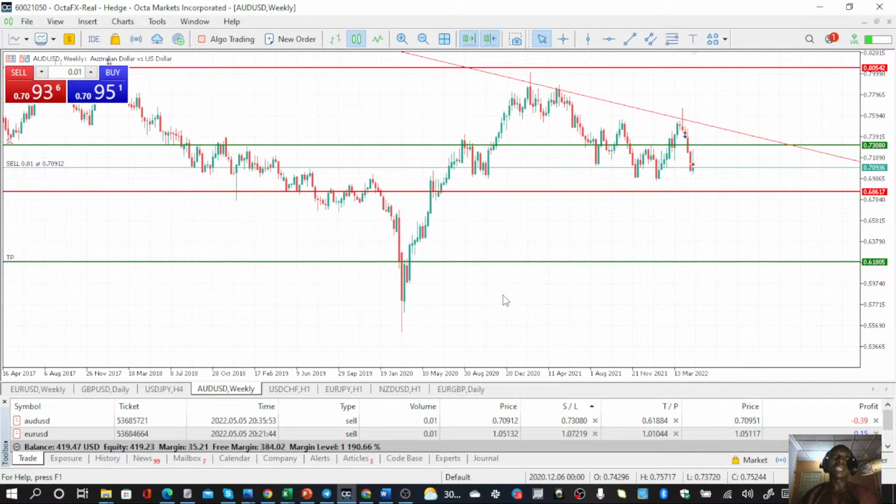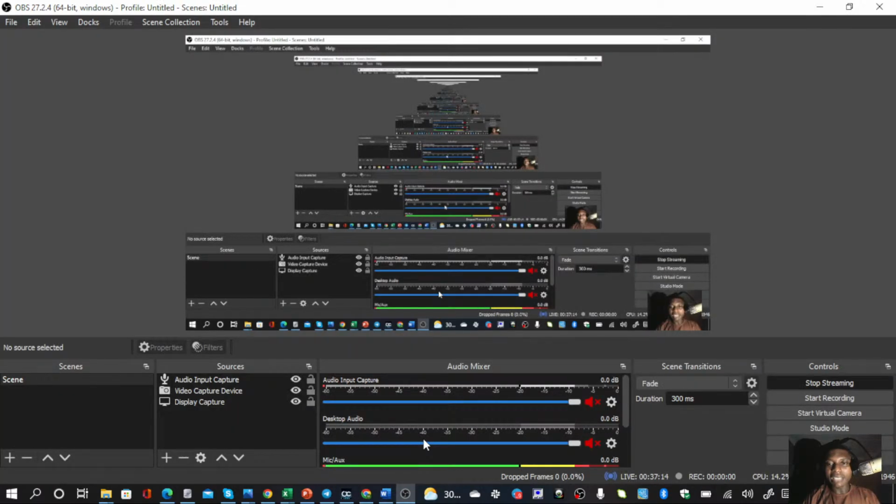You asked, how much does politics influence the market? Politics is connected to economics. I believe you can see my screen.